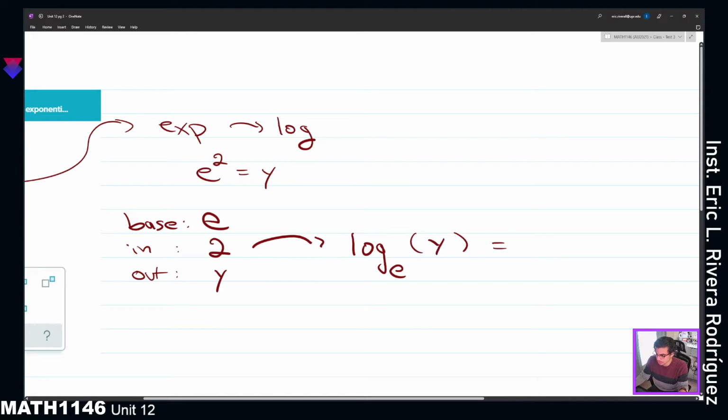The output now becomes the input of the logarithmic function, so the argument, and the input of the exponential function becomes the output of the logarithmic function. That's how you turn the exponential equation into a logarithmic equation.